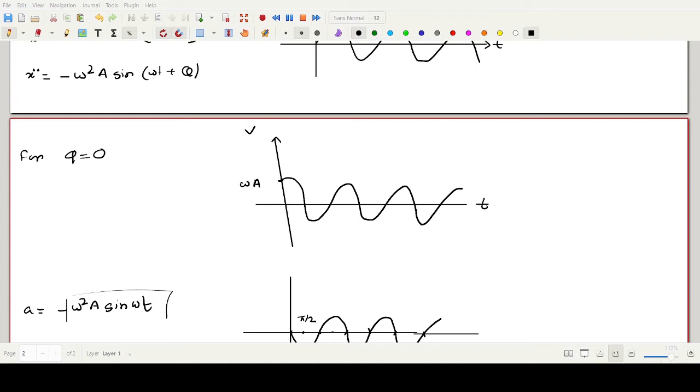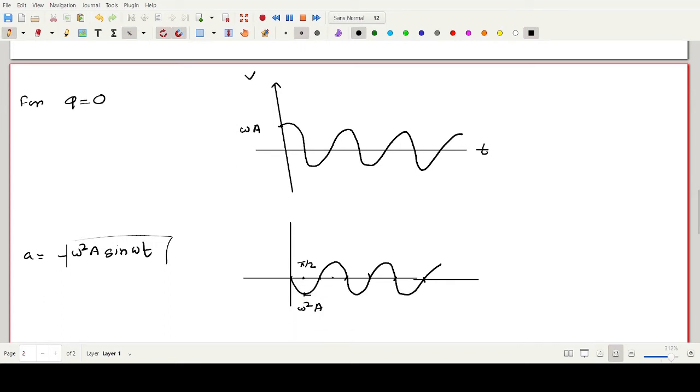Phase difference between velocity and displacement of an oscillating particle? Pi by 2, right? Okay.